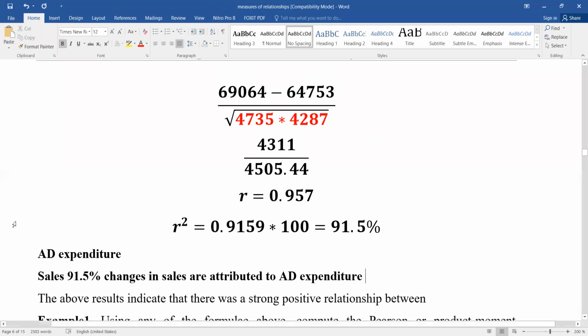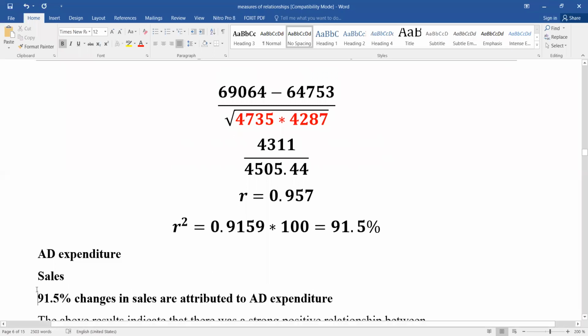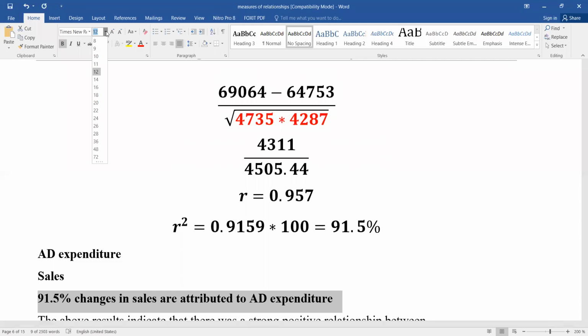Of course, there may be some other factors that contribute to increase in sales, and those are the ones that are responsible. So you can just get 100 minus that. So you could say that 91.5% changes in sales are attributed to advert expenditure.